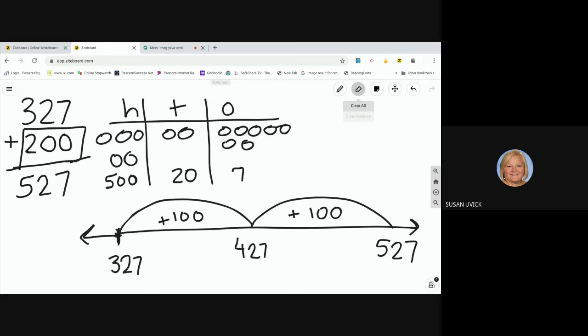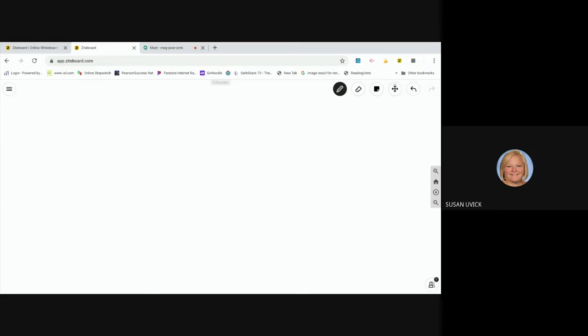Now, what if I want to add two numbers that both have hundreds, tens, and ones? I'm going to add 165 plus 146. Okay, what's one way we could do that? We could use hundreds, tens, and ones. So let's do that.